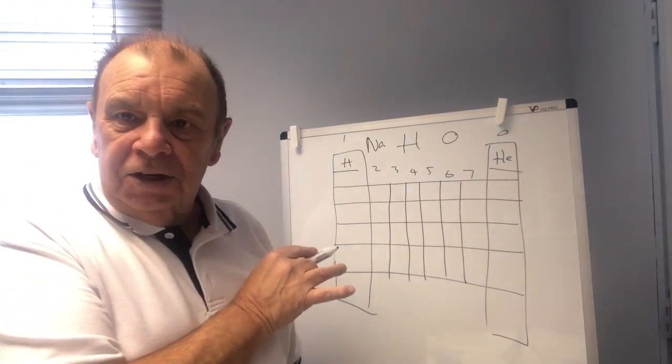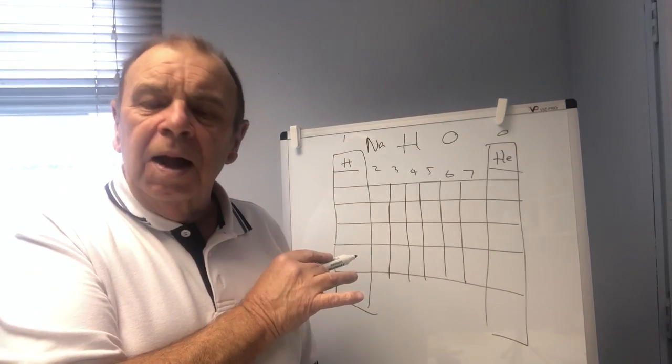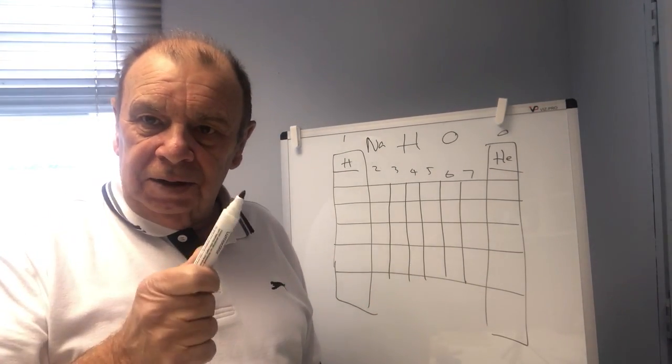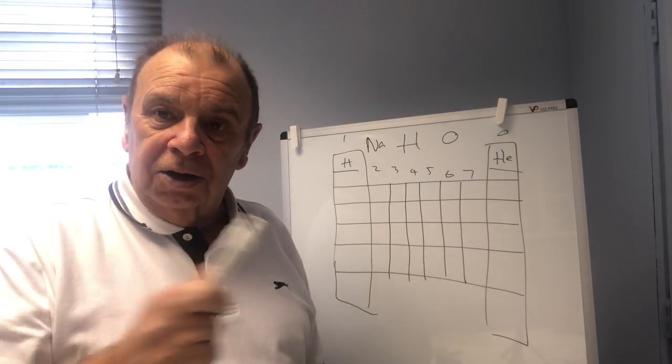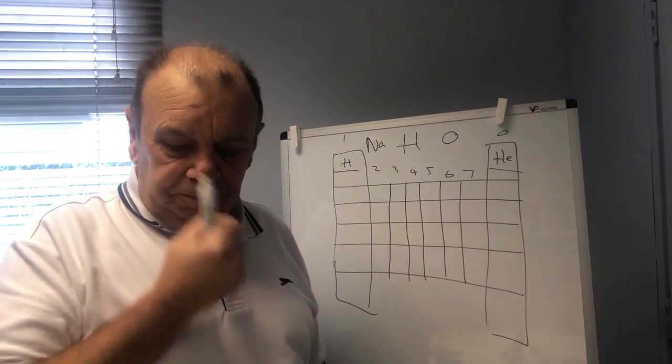This is a very simple periodic table, and elements consist of single types of atom. Like hydrogen, I've already said, only consists of hydrogen atoms.